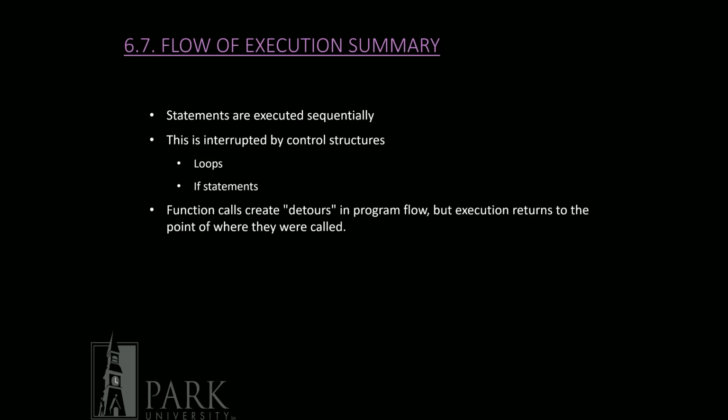It's important to remember that inside of the if statements and inside of the loops, those structures themselves are still processed sequentially. So it's not really any different, but they just introduce, like I said, a detour off the main beaten path.